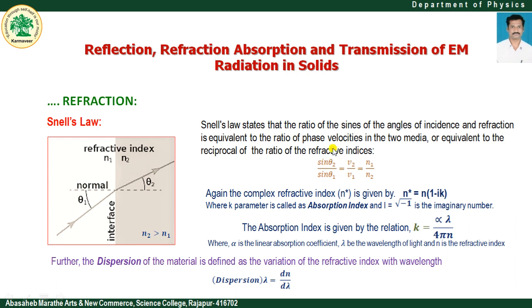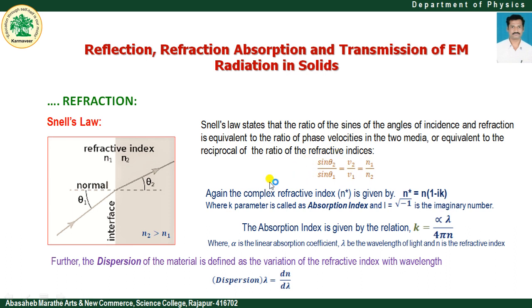So it is the ratio of the sines of the angles of incidence and refraction which is equivalent to the ratio of the phase velocities in the two media, or equivalent to the reciprocal of the ratio of the refractive indices. That means sine theta 1 divided by sine theta 2 equals n2 divided by n1. Here we have taken the reciprocal of all these things.